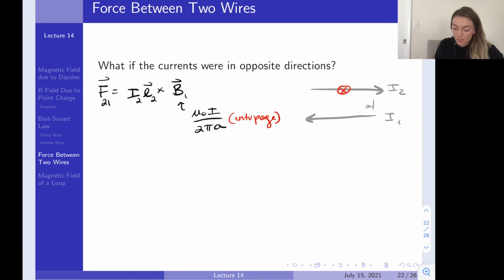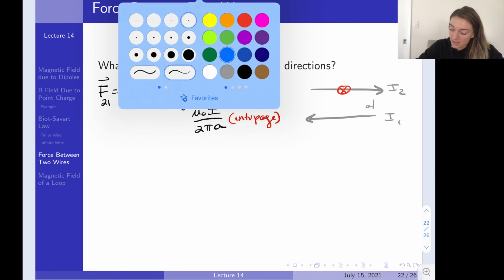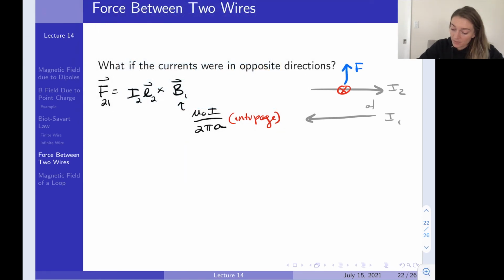So now when I do this cross product, I have current 2 going to the right. So I point my hand in the rightward direction, in the direction of current 2. Then I turn my fingers in the direction of the magnetic field of current 1. So that's into the page. And I see now that my thumb is pointing upward. So the force is actually upward.